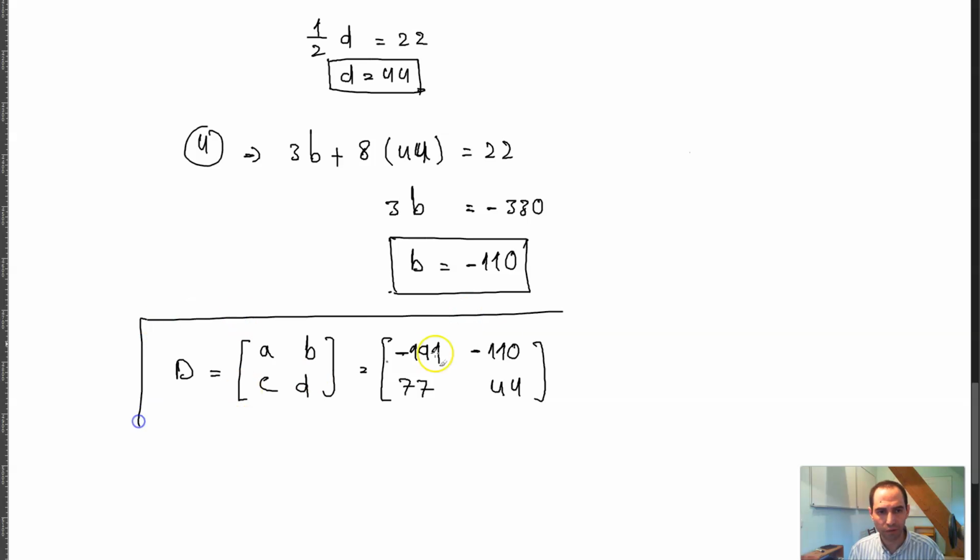That is the matrix that we were looking for. Okay, that was a long calculation.